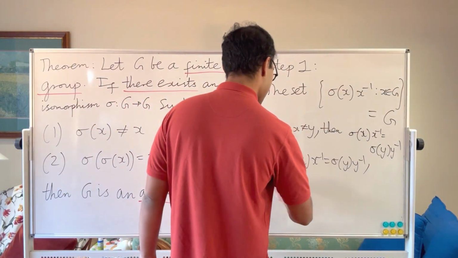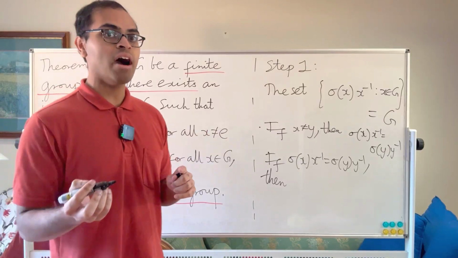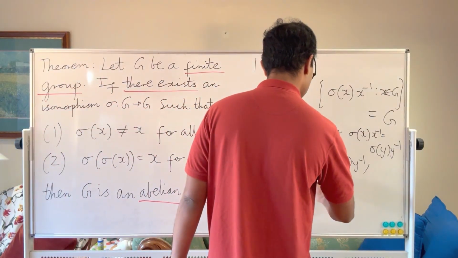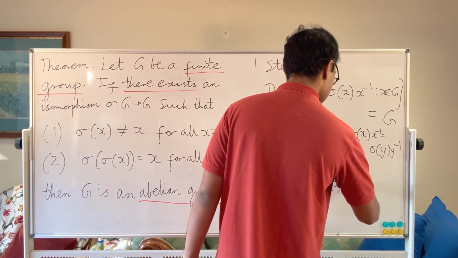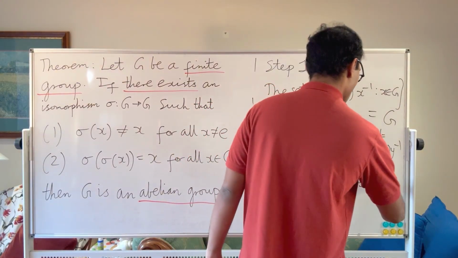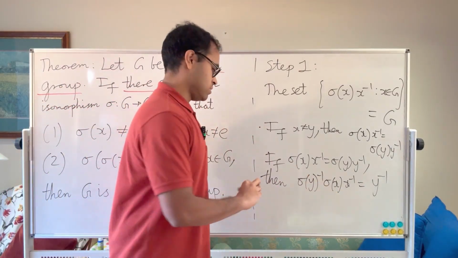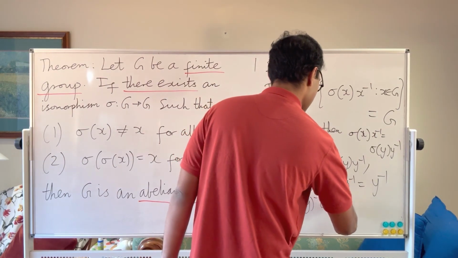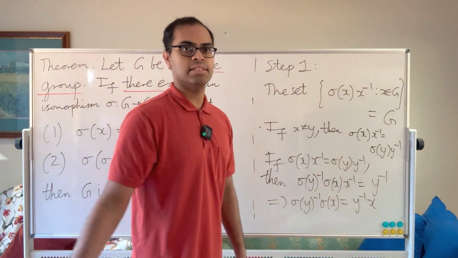Multiplying both sides on the left by sigma of y inverse, since sigma of y is an element of G, we get sigma of y inverse, sigma of x, x inverse equals y inverse. Now we can multiply on the right by x, on both sides. So we get sigma of y inverse times sigma of x equals y inverse times x, because x inverse x is the identity.